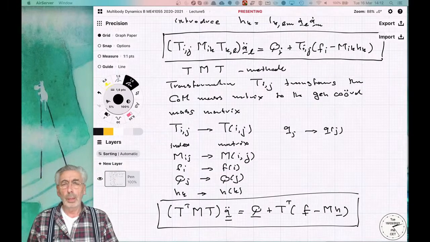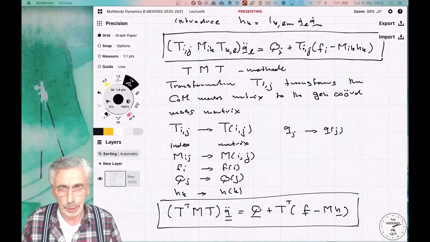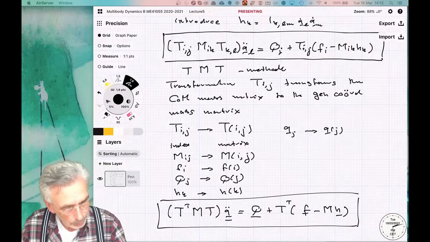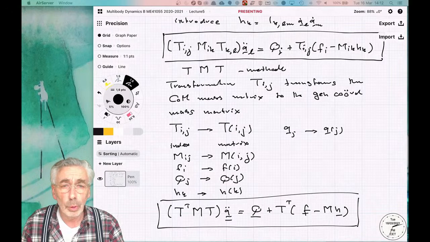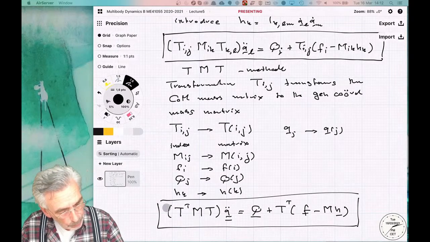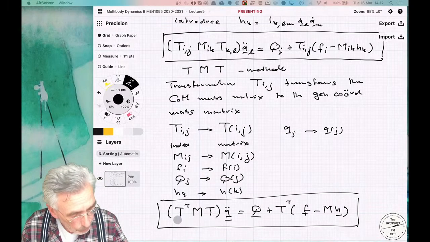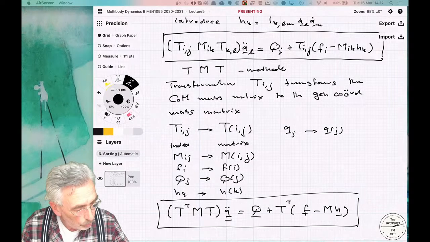And that's not how matrix multiplication goes, because it's always the column index that goes with the row index, like here. Meaning that we have to swap the rows and the columns, and swapping rows and columns in matrix and vector language means that you take the transpose. So T transpose M T times q double dot is this.